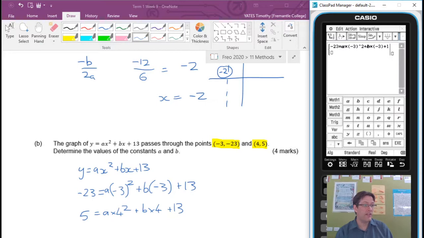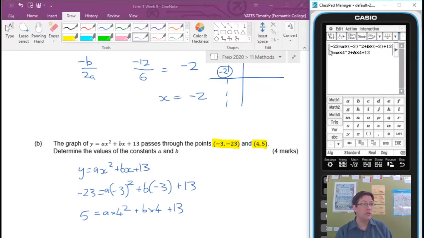And then add 13. And then we've got 5 equals a times 4 squared plus b times 4 plus 13. And then we've got to tell it what variables we're working with. We're working with a and b.